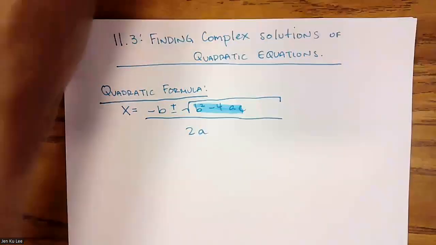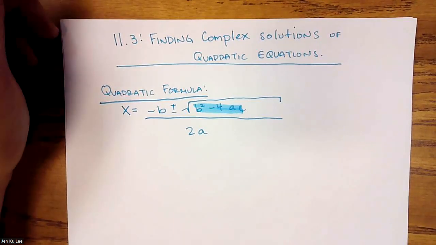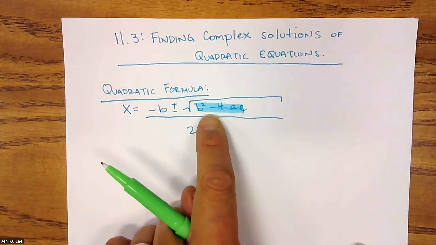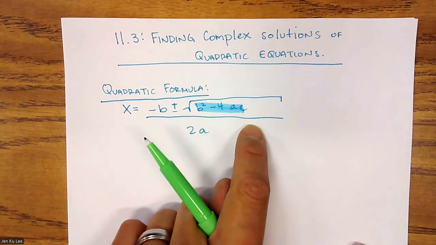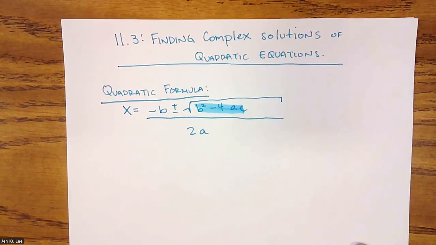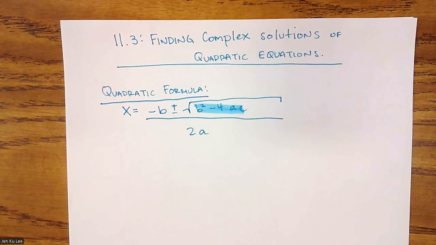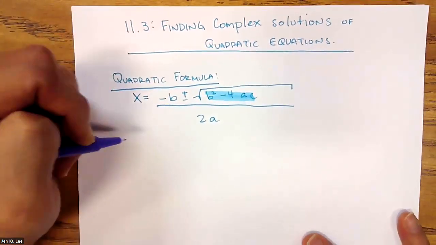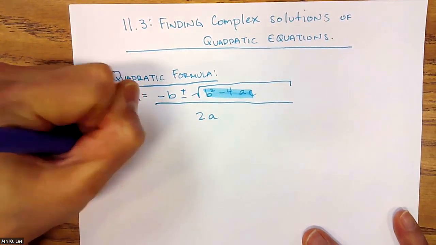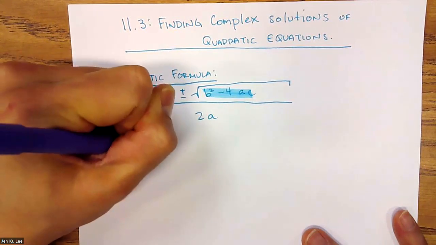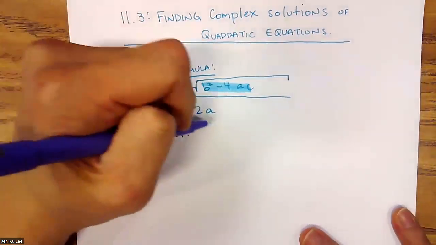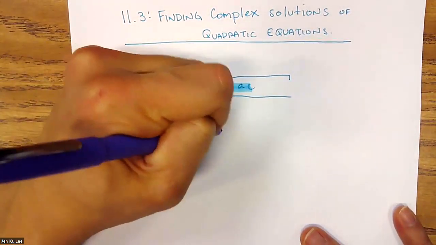Because that's when I would have an imaginary number i, or a complex solution. So this b squared minus 4ac tells me a lot about the type of solutions I have. In terms of math, the b squared minus 4ac is called the discriminant.